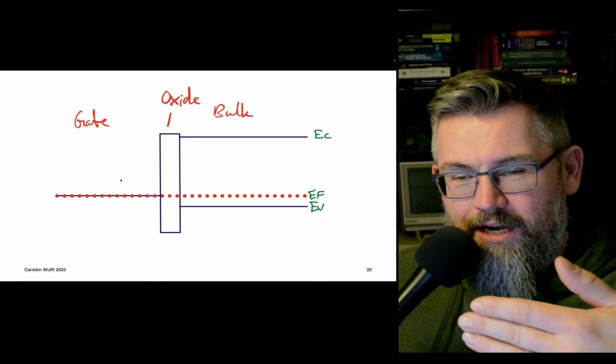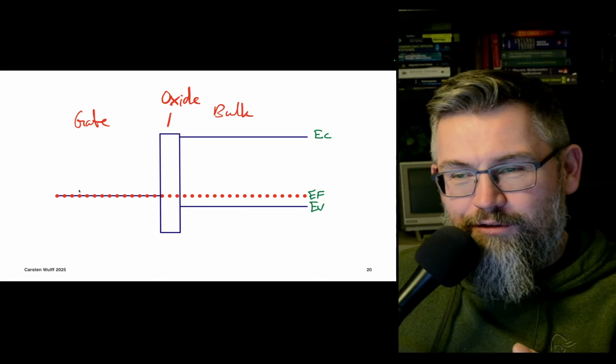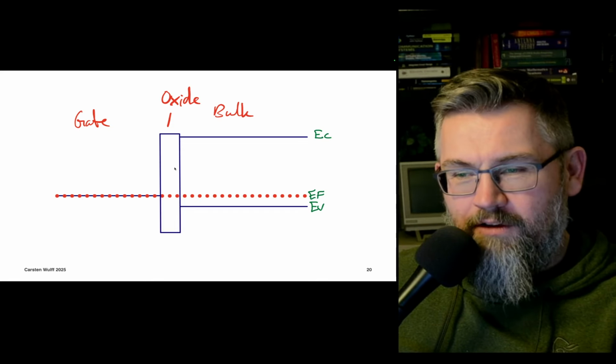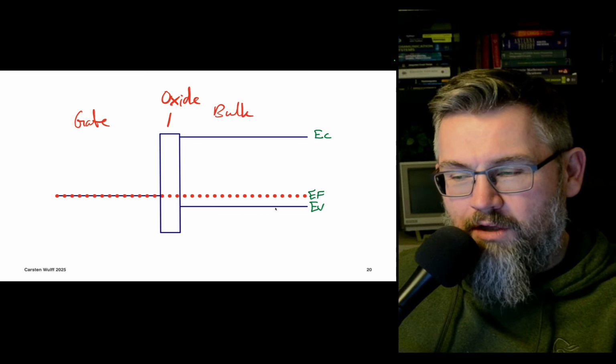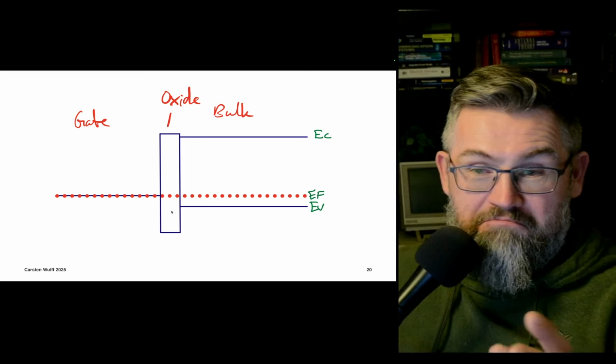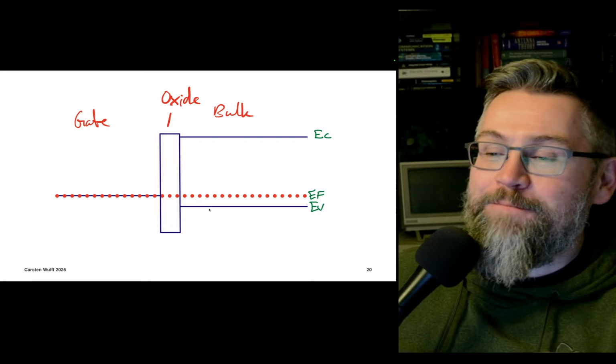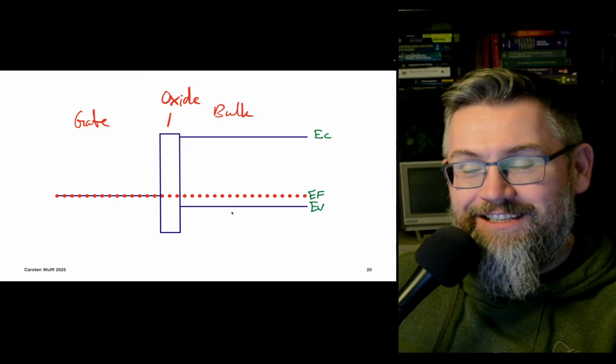So we have a slice through the gate, the oxide and the bulk, and the deeper in the silicon that you go.